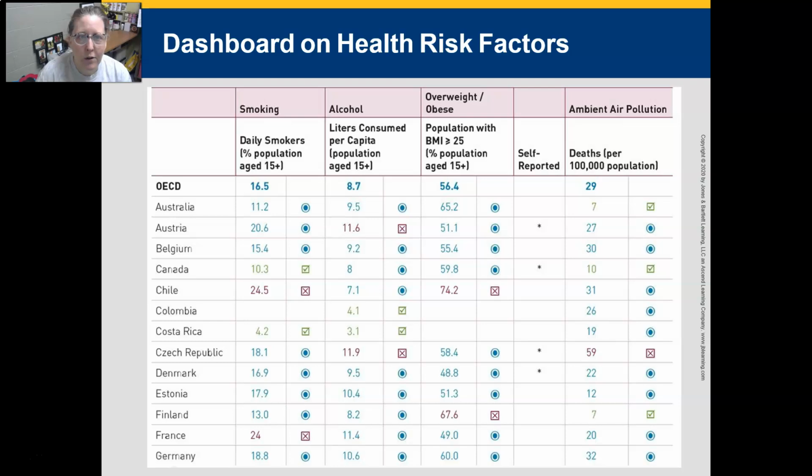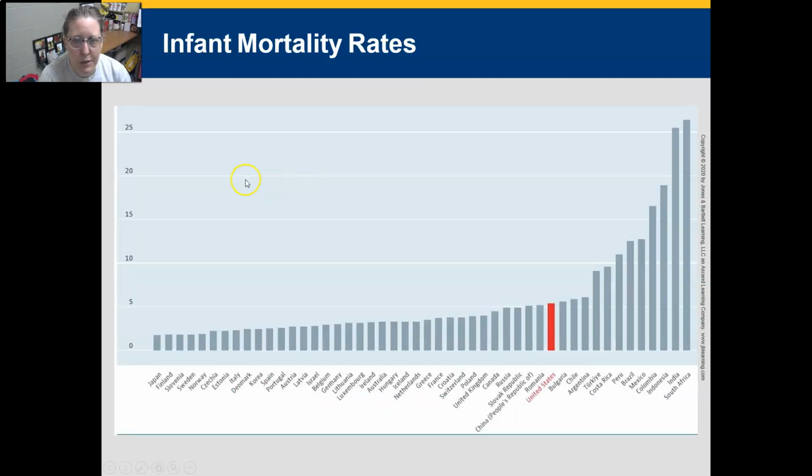Looking on the dashboard at health risk factors, those are things that can make a population more sick. If we look, for example, at Australia, their smoking is 11.2% of the population. OECD average is 16. Alcohol consumption for the OECD average is 8.7 liters per capita. This is per person. For the liters per capita, this is per person, and smoking is percent of the population.